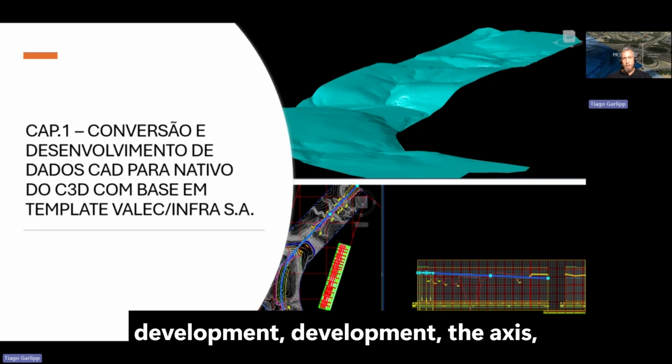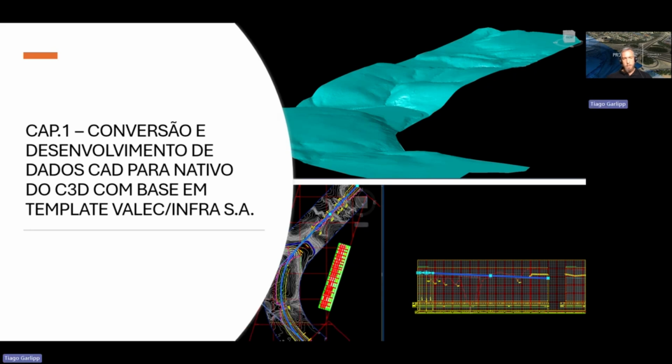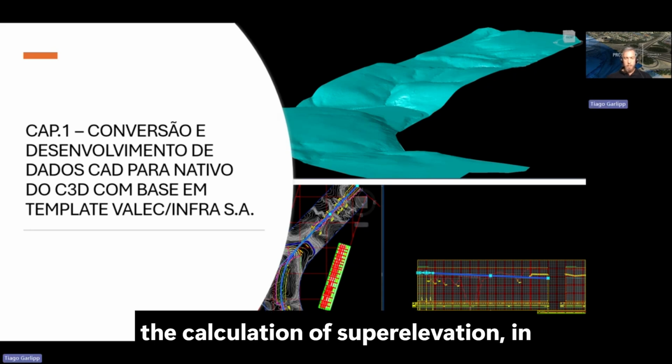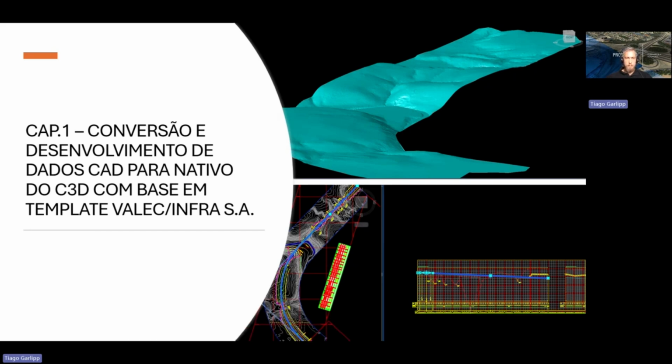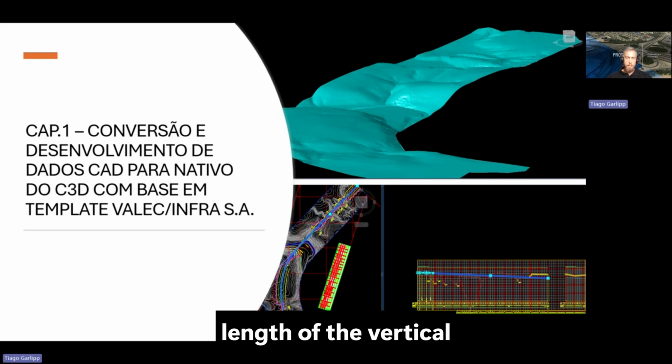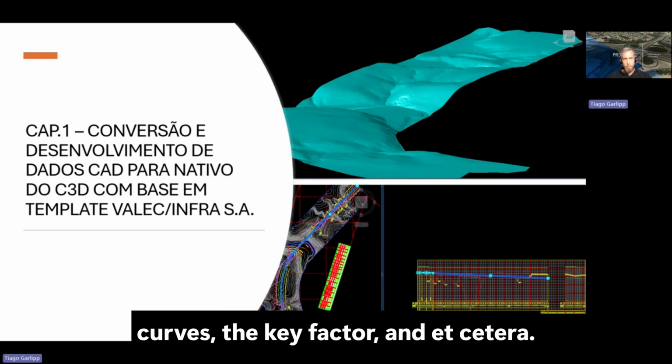Anyway, in terms of development: the axis, the calculation of super elevation. In that case, when we have a horizontal alignment, adjusting the length of the vertical curves, the K factor, and so on.